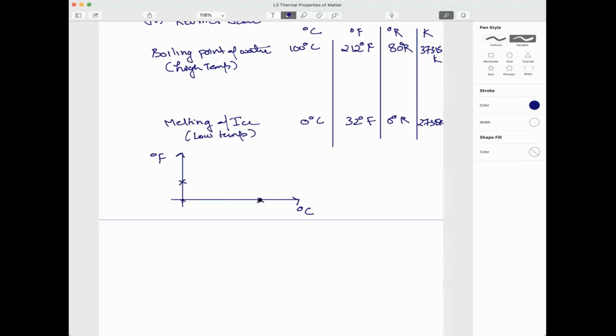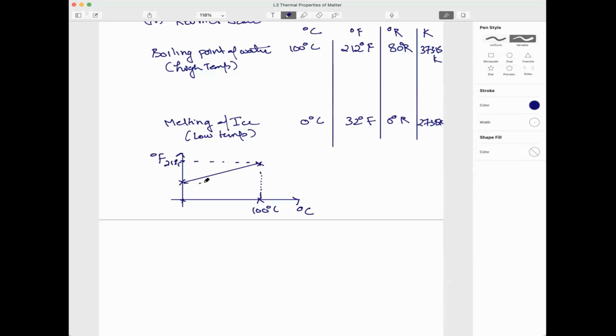At 100 degrees centigrade, it's 212 degrees Fahrenheit, so another point is this. If you join these two points, this is the line between the melting point of ice and the boiling point of water.